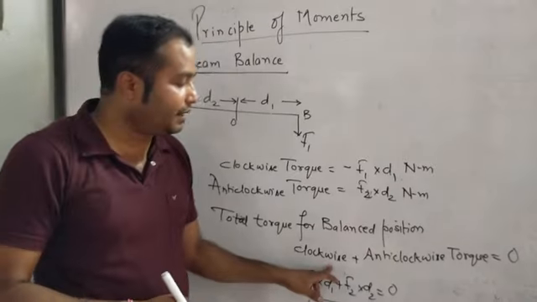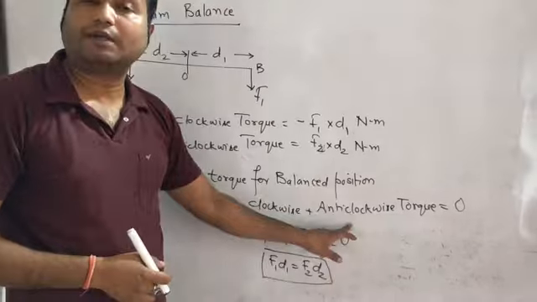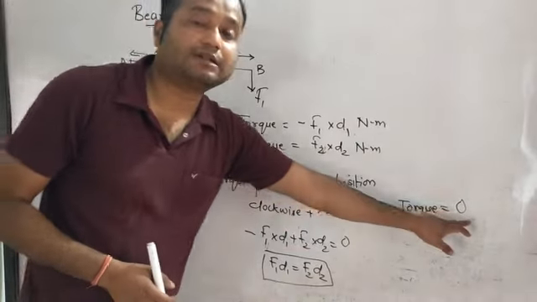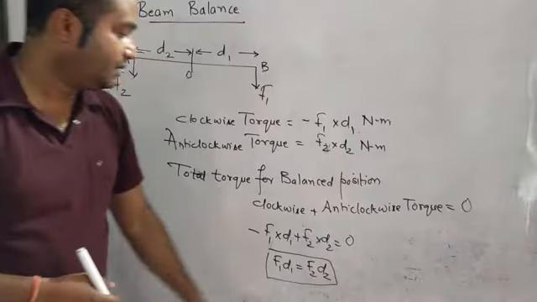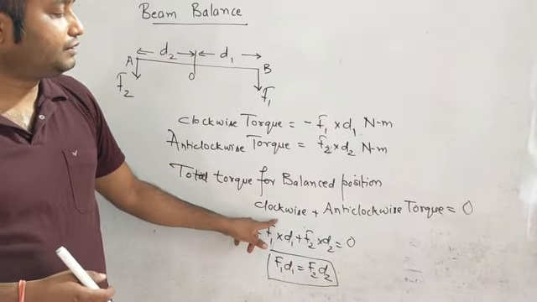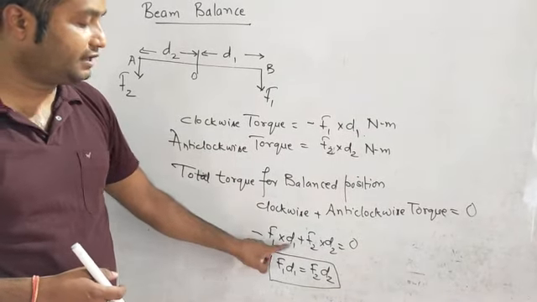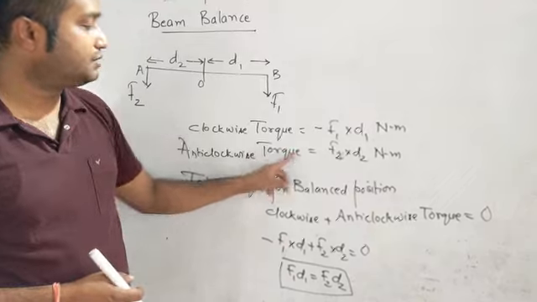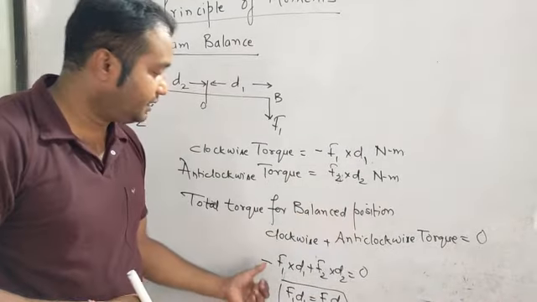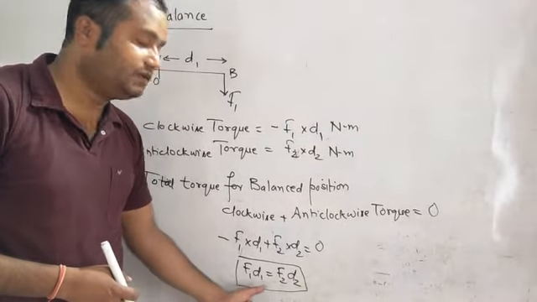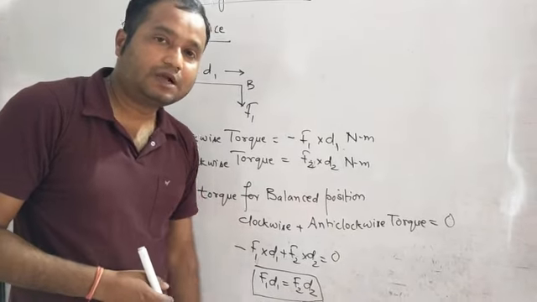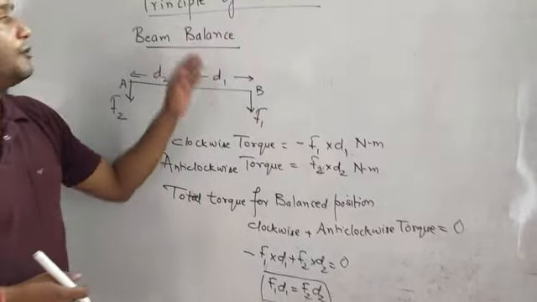That means clockwise and anti-clockwise torque when added should give us 0. So clockwise torque I wrote over here as minus F1 into D1. Anti-clockwise torque I wrote as F2 into D2. Taking this over there, we get F1 D1 equals F2 D2. This is the condition for principle of moments.